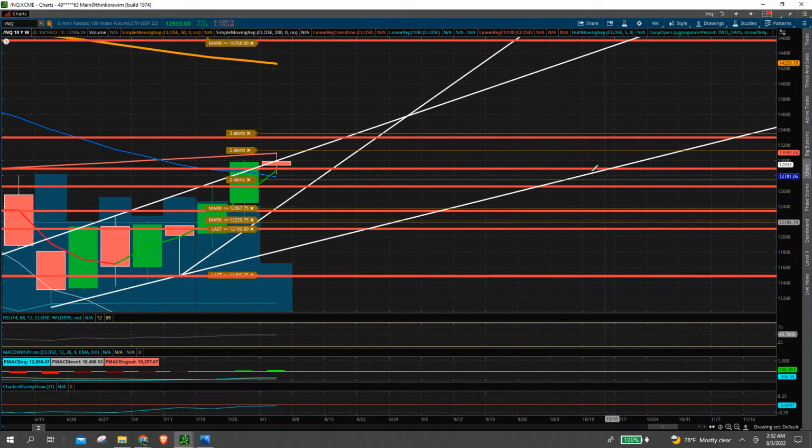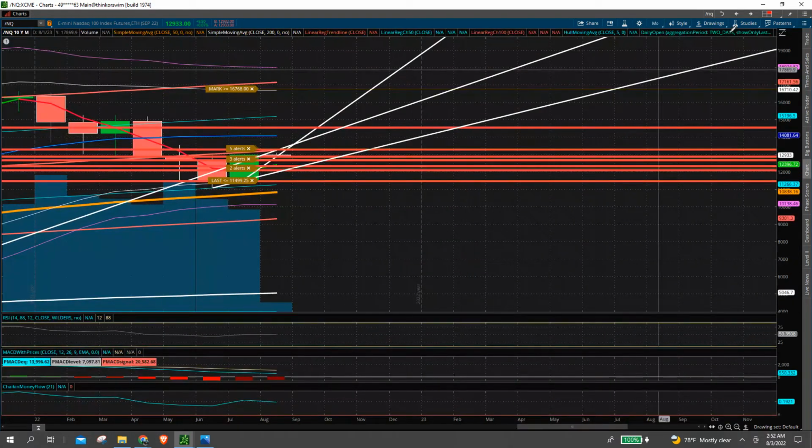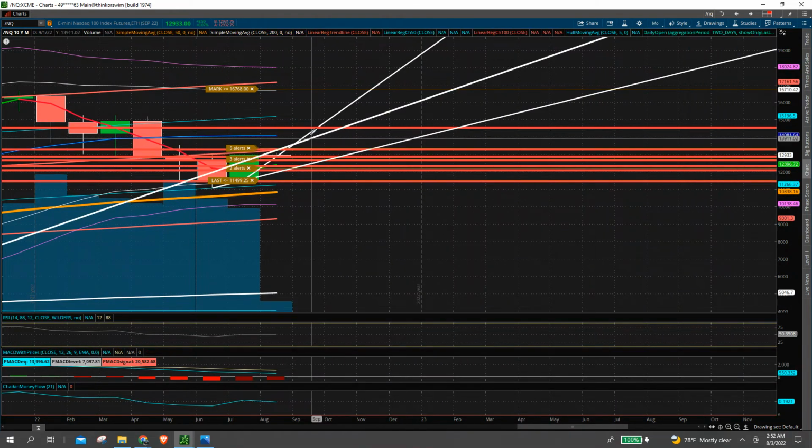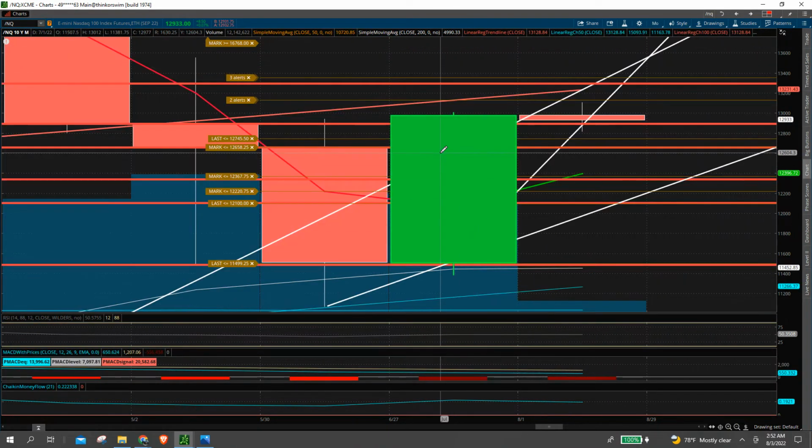Okay. And let's look at it from a monthly perspective. So, from a monthly perspective, as mentioned, July 2022 turned out to be one of the absolute best months to be long since November 2020.